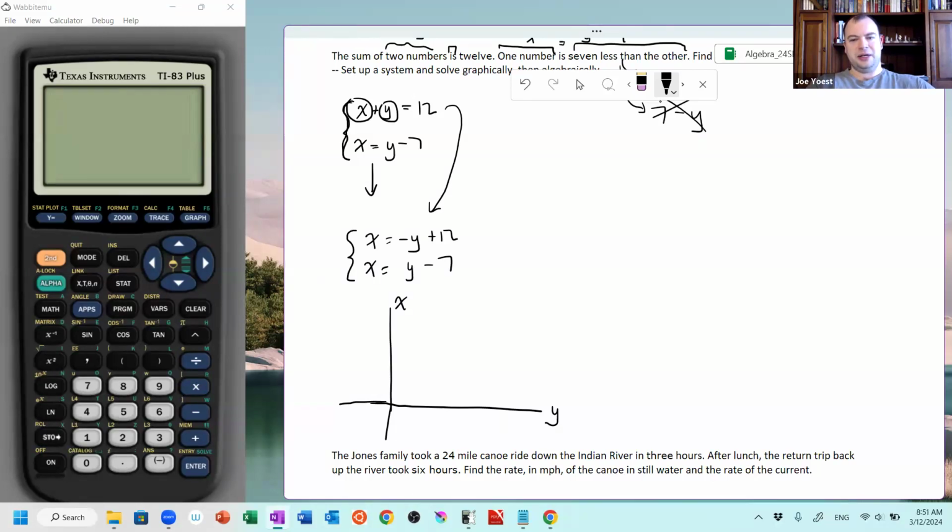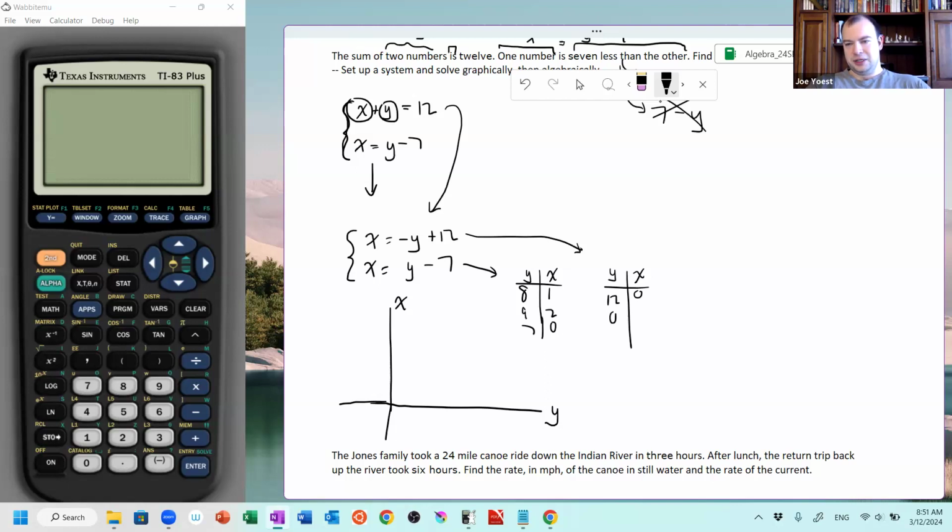So I have X equals Y minus 7. I'm going to pick some values of Y and find the corresponding values of X. So for instance, when Y is 8, 8 minus 7 is 1, or 9, 2, or maybe 7, 0. And similarly for the first equation, X equals negative Y plus 12, or 12 minus Y. So when Y is 12, X is 0.